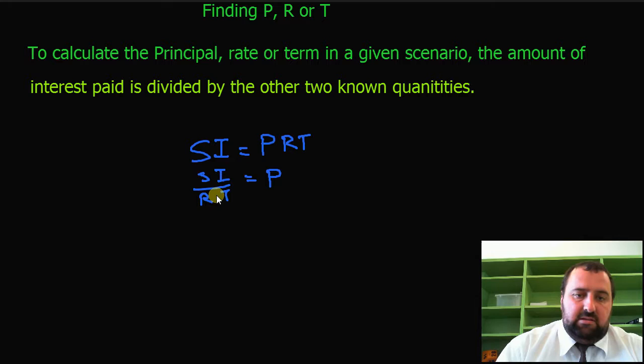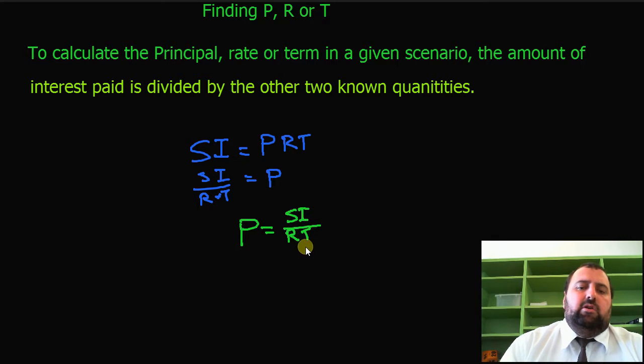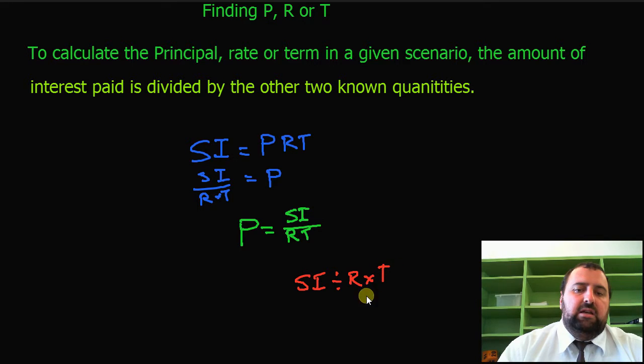Now, knowing that there's nothing in between these two letters, I know that that's multiply, so my rule for principal becomes SI divided by R times T. One thing to note here, guys, is when you put it into the calculator, you need to make sure that you use the fraction, because if you put it in using the divide symbol, so if you do SI divided by R times T, it's going to do this division first and then multiply your answer by T, which isn't right.